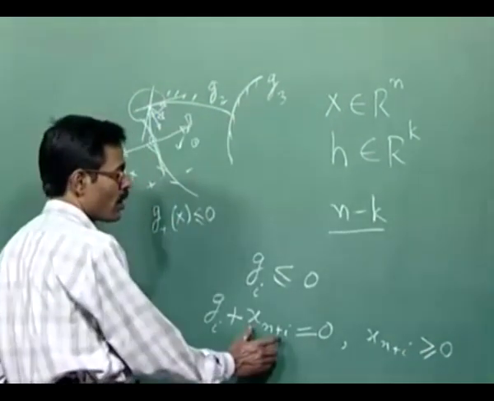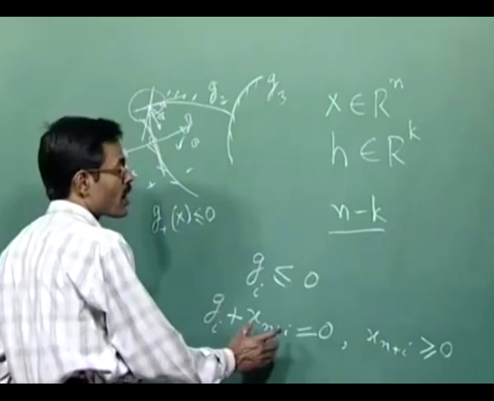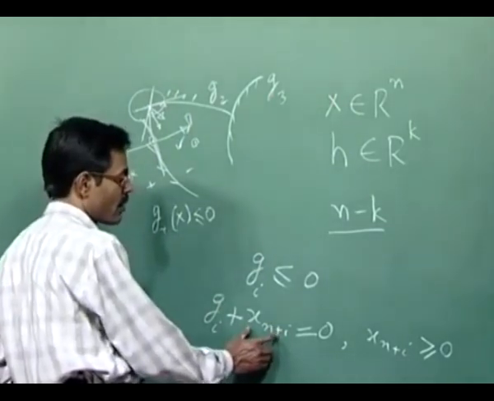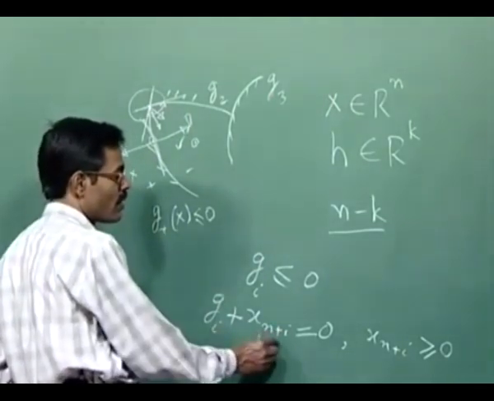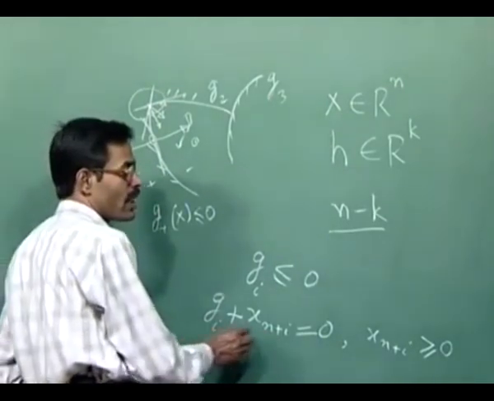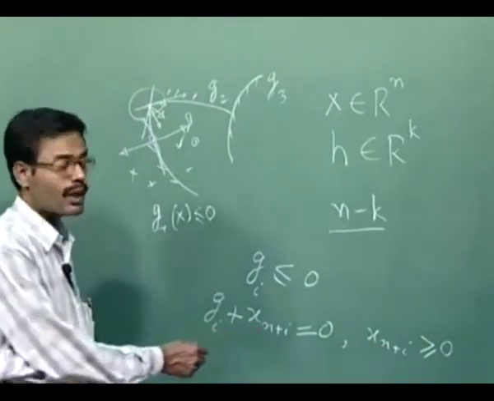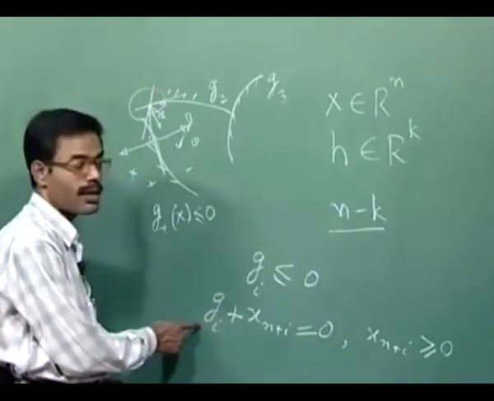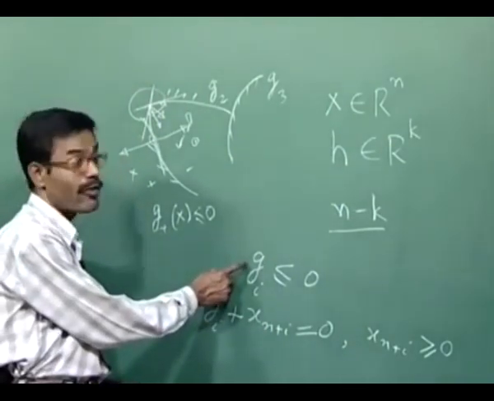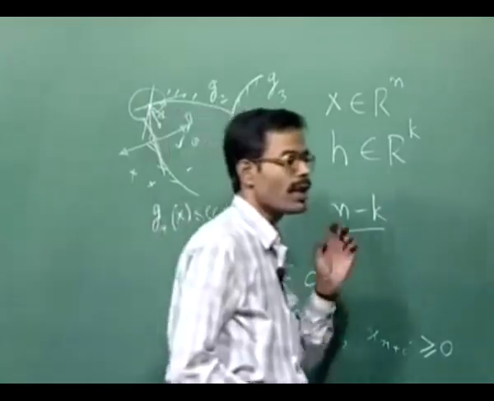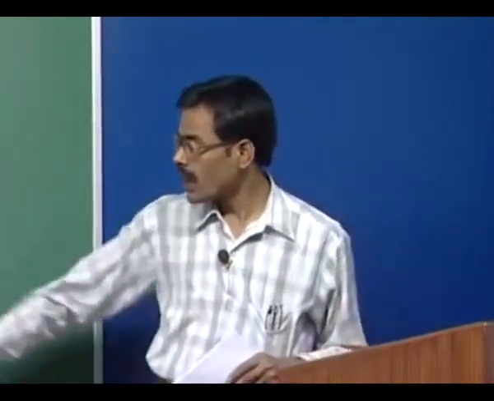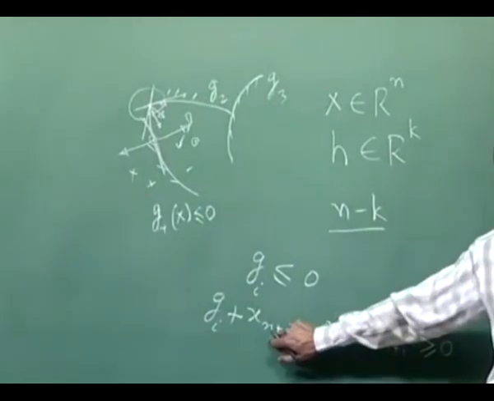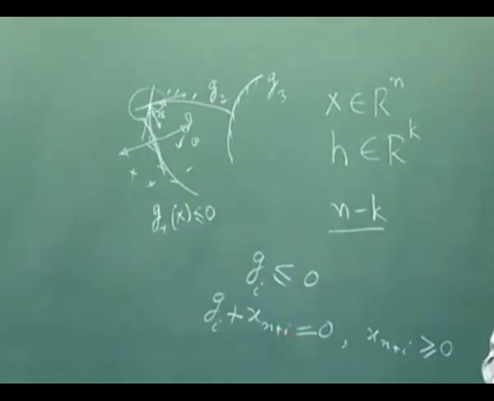So, if its value is positive, that means this constraint is inactive. If its value is 0, then this constraint is active. A negative value for the slack variable is not allowed, because that will violate this constraint. So, this is another strategy to handle inequality constraints, that is, which of them have to be taken in the active set and which are not. For that you do not need to maintain a list. The value of this will signify whether it is inactive or active.